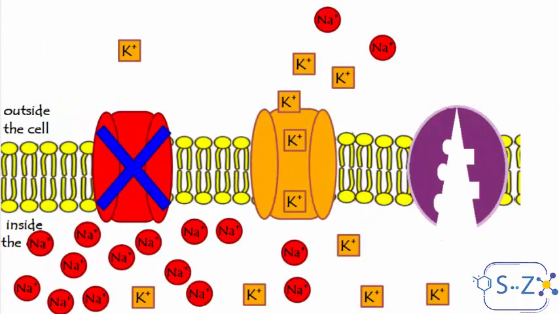Now what happens next is that the Na+ voltage-gated channels are inactive, so no more Na+ ions can enter, while the K+ voltage-gated channels are activated and K+ ions start to flow out of the cell, out of the axon.